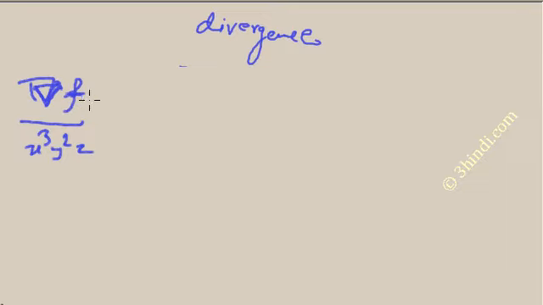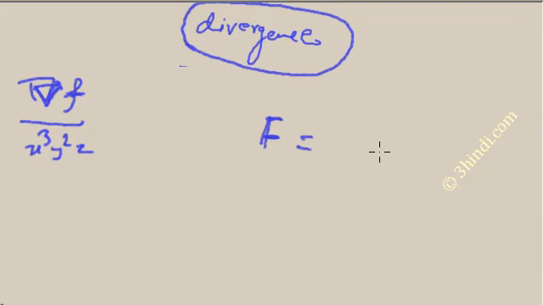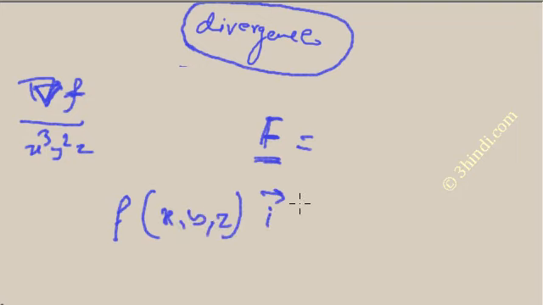If f is a vector quantity and you perform a similar action, you require to perform the divergence of function f. So this is the f, which is a vector quantity. You can write f as f of x, y, z i, because f is a vector quantity, so it must have i, j and k unit vectors.